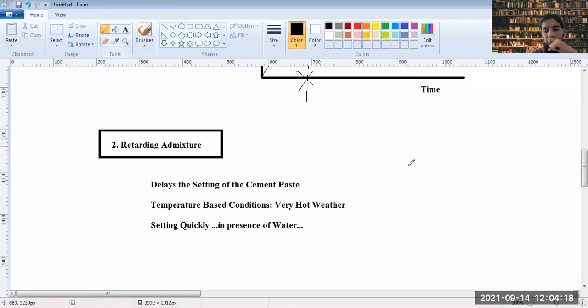There will be particles which will remain unhydrated, because the water evaporates.